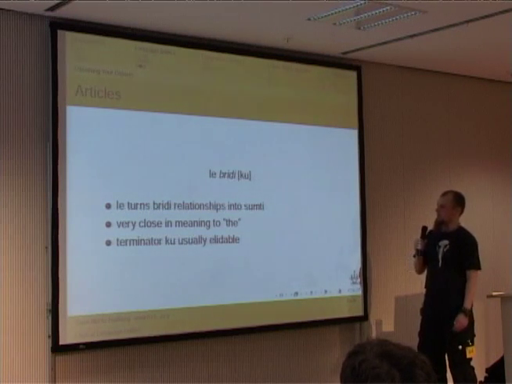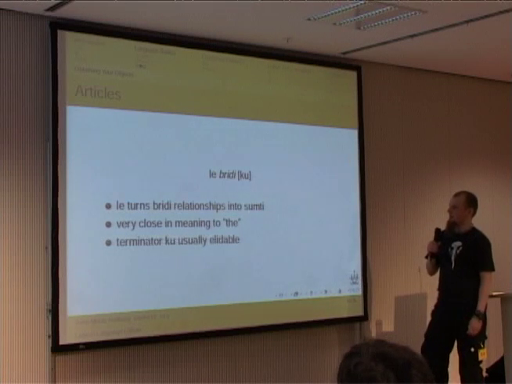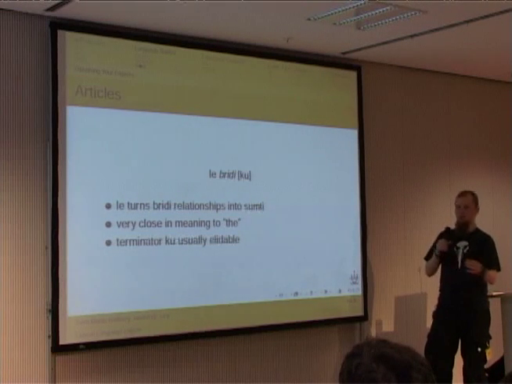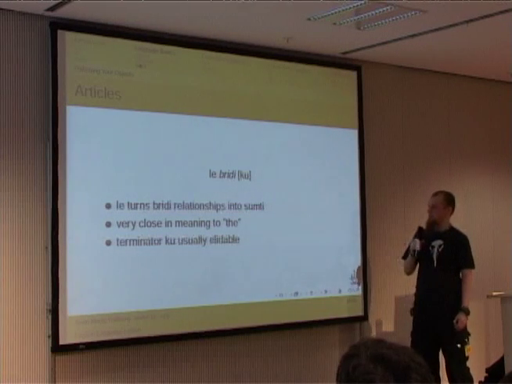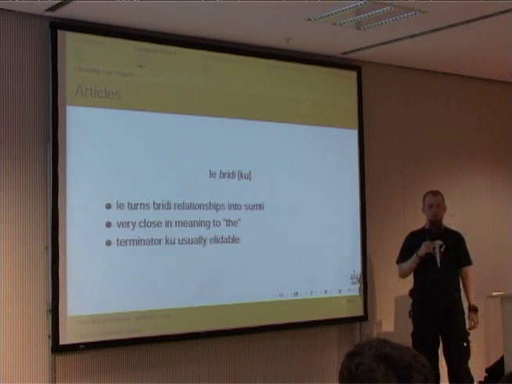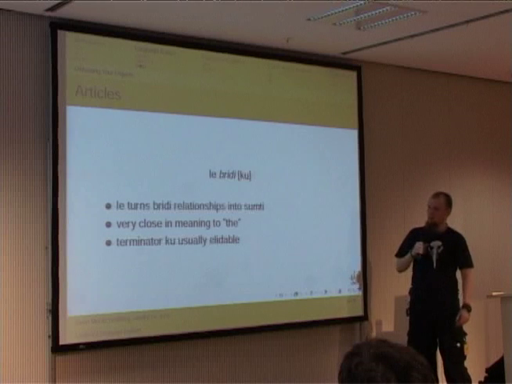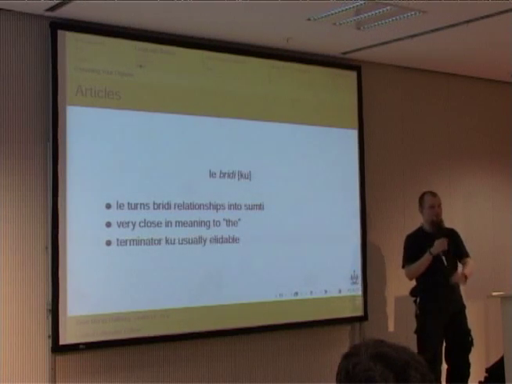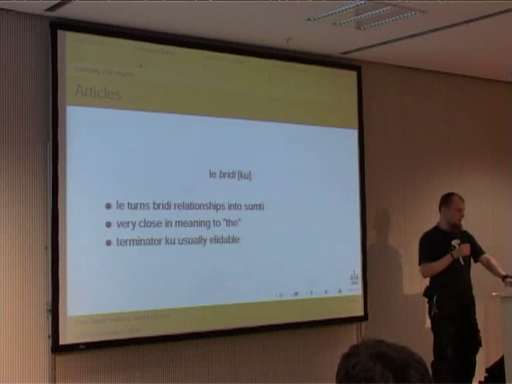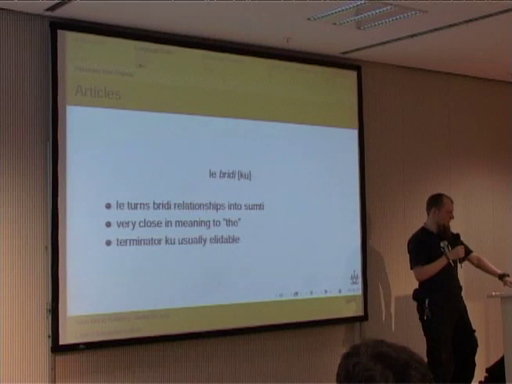What this word does, le in specific, it turns a relationship like before, as you used to build sentences, into an argument. So it basically says the thing that is in this relation, or that would fit this relation. The next slide will explain it.